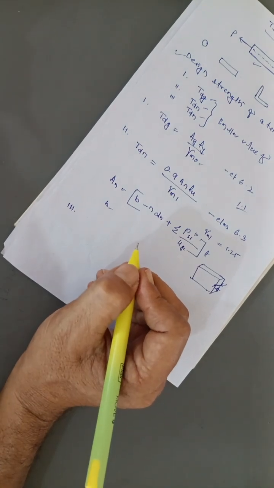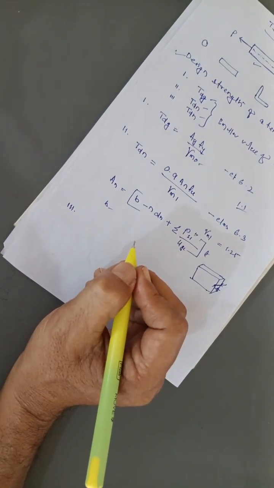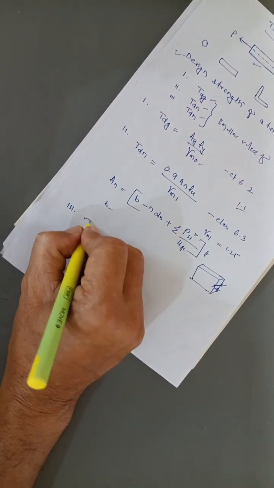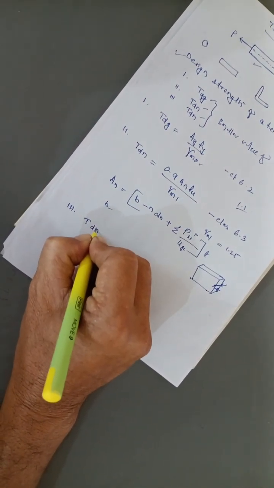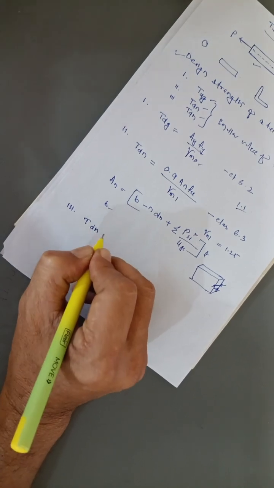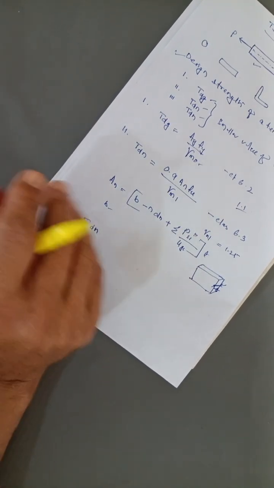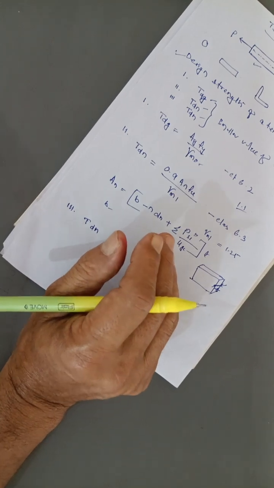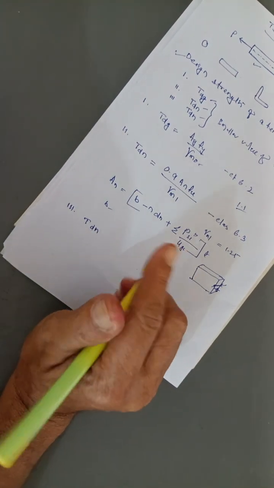Now come to the last one, the third one, the block shear, that is TDB.